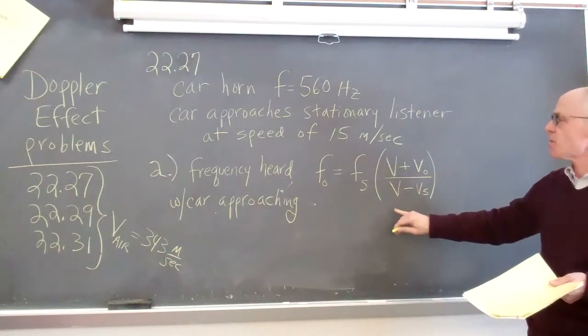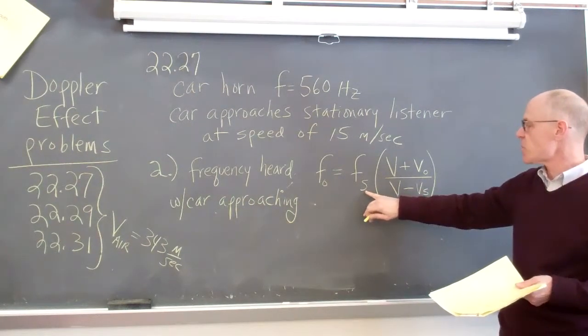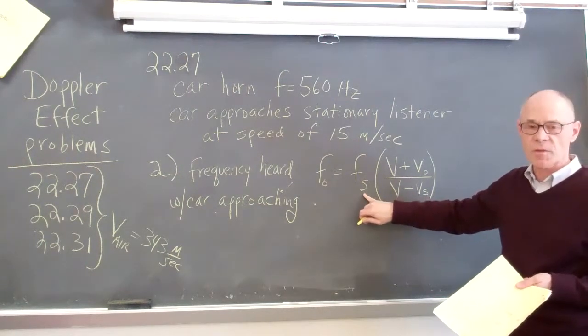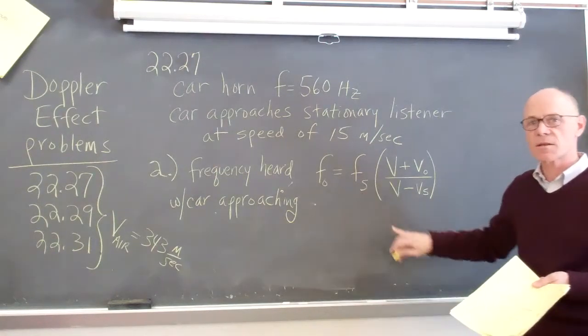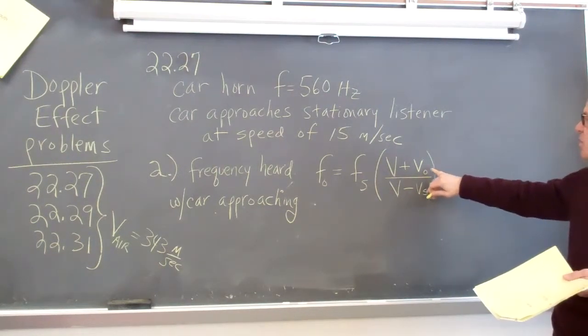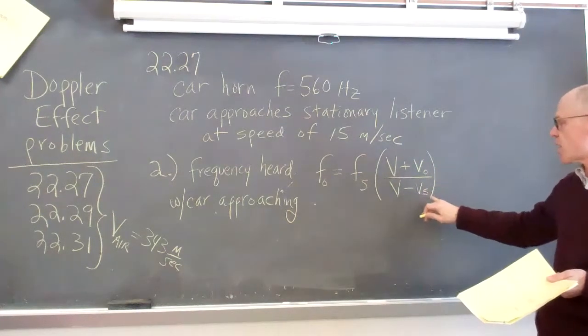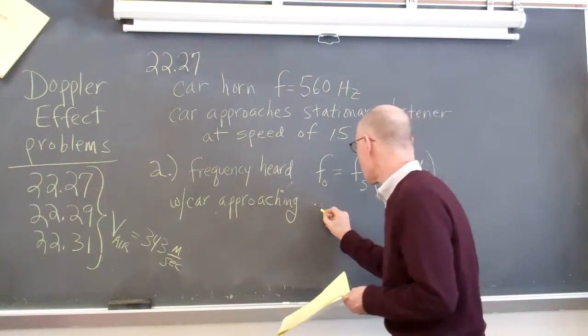Here's our general Doppler effect equation. The frequency heard by the observer is equal to the frequency being produced by the source. And again, we're going to assume that it's a constant frequency. The frequency is not changing. And times speed of sound in air plus the speed of the observer divided by speed of sound in air minus the speed of the source. So let's go ahead and plug in what we know.